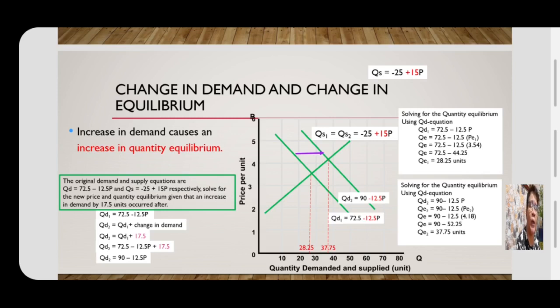new quantity equilibrium? Since we are making use of the demand equation, specifically the new demand equation is to be used. So the new demand equation is given by 90 minus 12.5P.